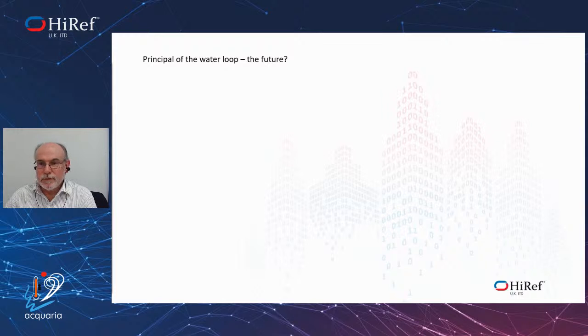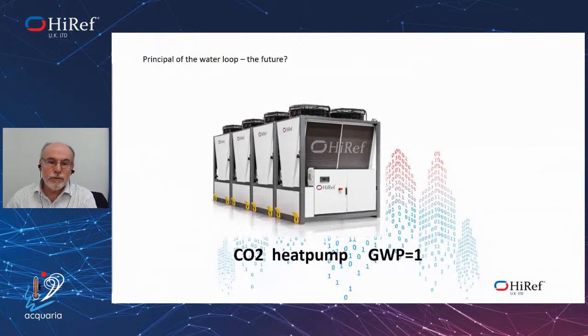What's the future though? The principle is there, but if we're using heat pumps and how we're looking at it, there's also the refrigerant side. So yes, we can use 1234ZE, which gives you a GWP of 6 on our chillers and heat pumps. But from then on, you need to start thinking about CO2.